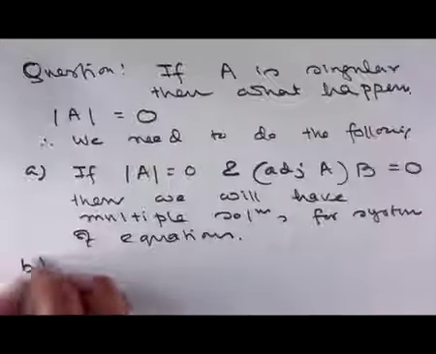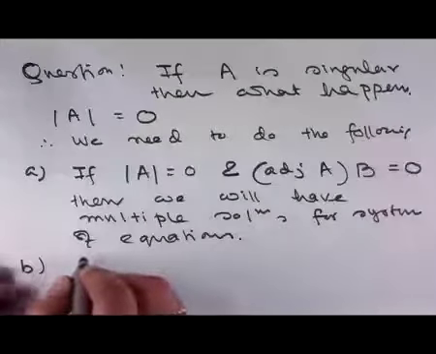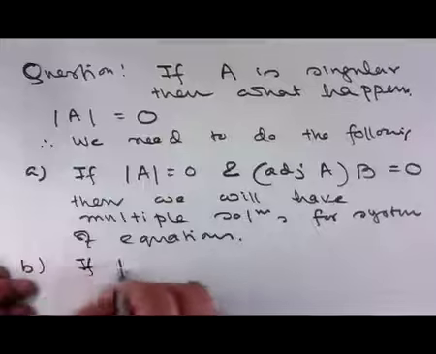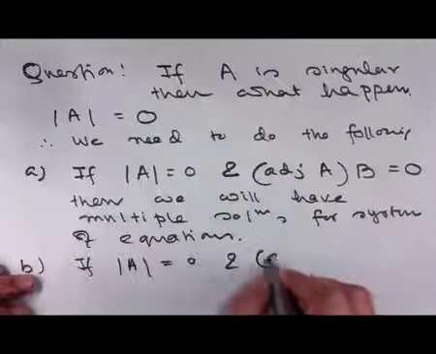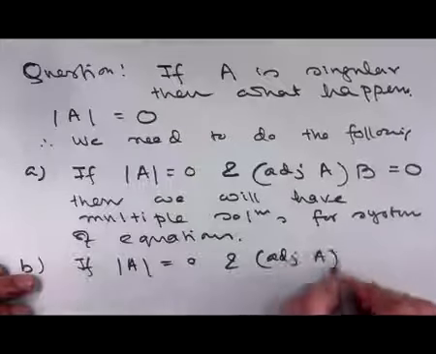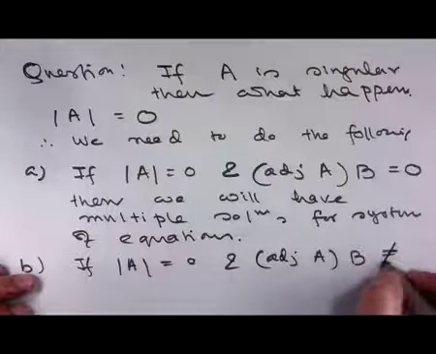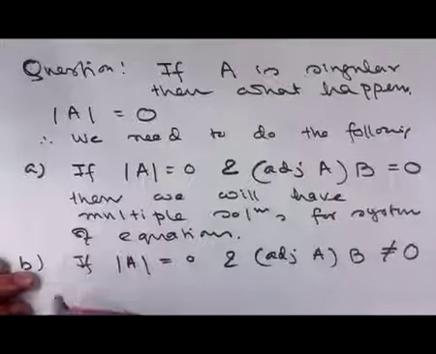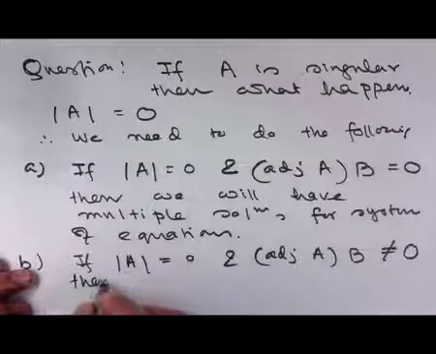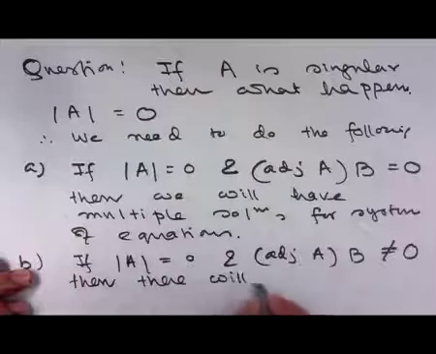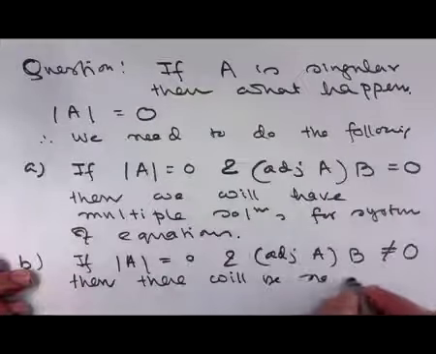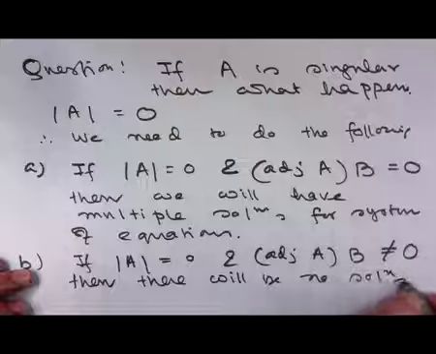And B, if determinant of A is 0 and adjoint of A multiplied by B is not equal to 0, then there will be no solutions.